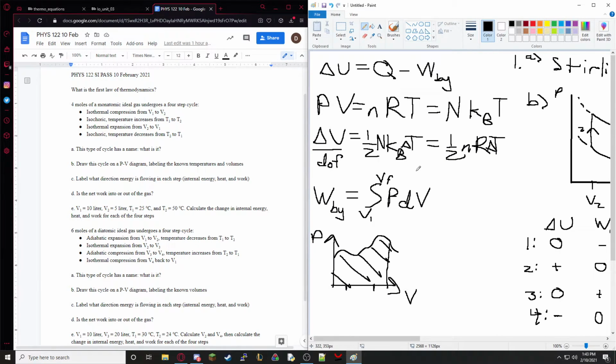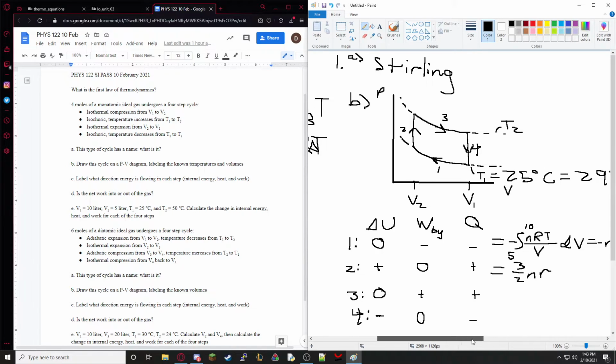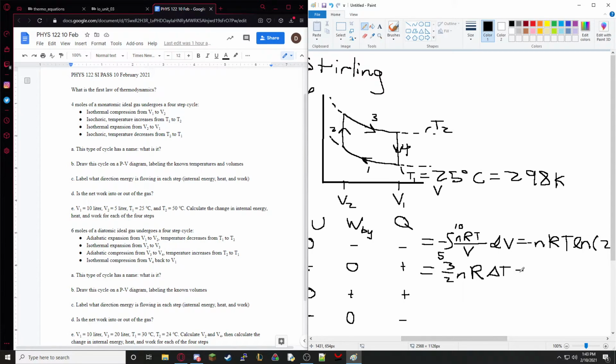So we have our delta U is equal to the degrees of freedom divided by 2 times nR delta T. And what are our degrees of freedom in this case? Three, because it's a monatomic gas. Yep, exactly. 3/2 nR delta T. What is our change in temperature in this case?